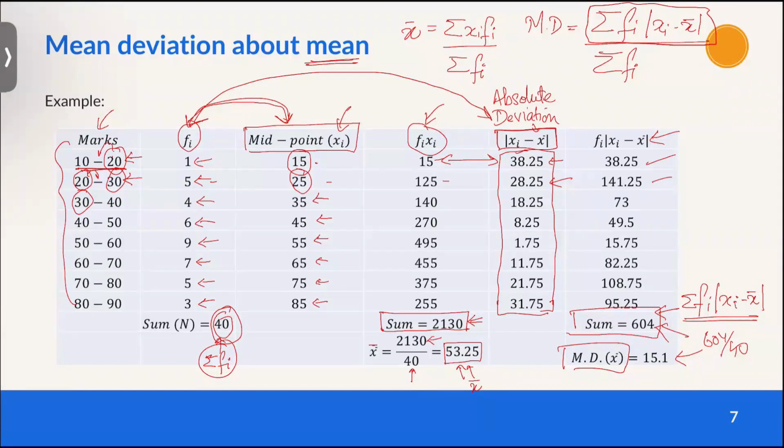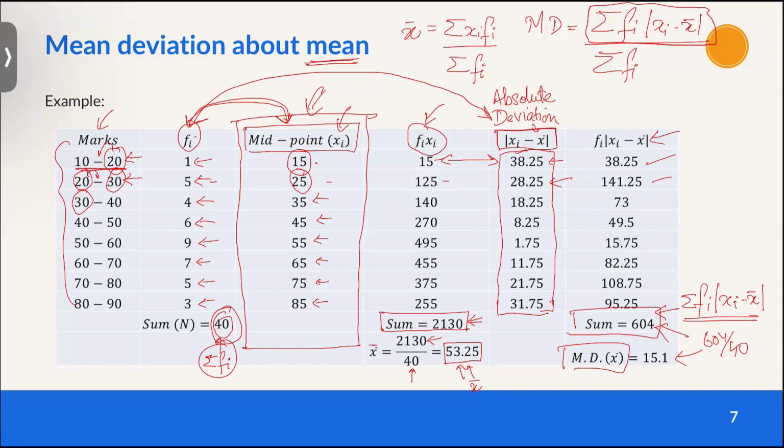So you see in this example, we are doing the same thing that we did for discrete frequency distribution. The only change is that we need to calculate one more extra column, which is the midpoint column. When you have this midpoint column, it is exactly the same as what we did for discrete frequency distribution.